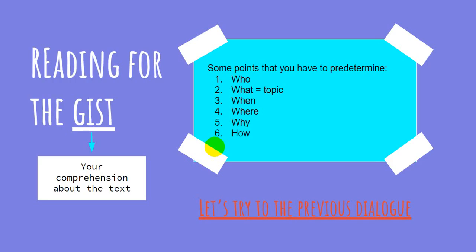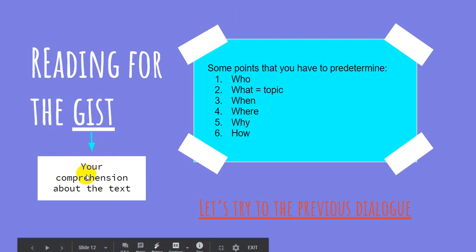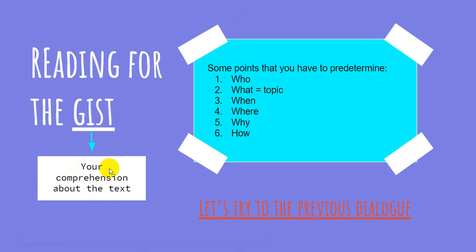And then the next one, we come to the last part of my presentation, namely reading for the gist. What does it mean by the gist? Gist refers to your comprehension about the text. It refers to your understanding. Do you understand the content?